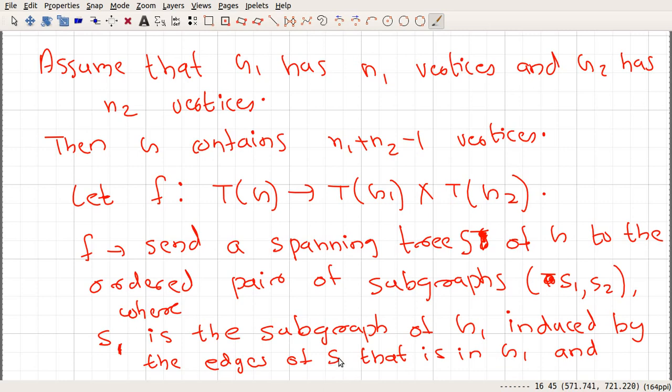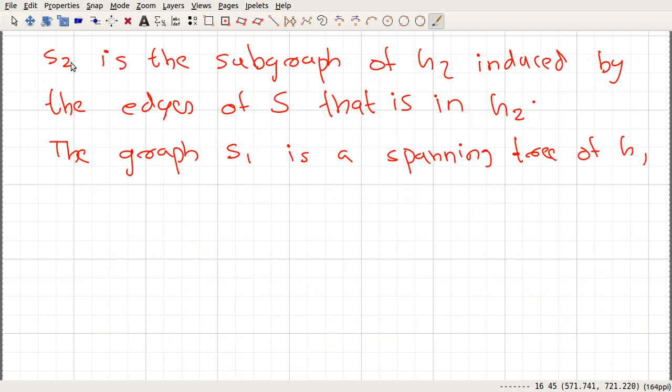Since S is a spanning tree, S1 is also a spanning tree, and moreover S1 is a spanning tree for G1, and similarly we can see that S2 is a spanning tree for G2.